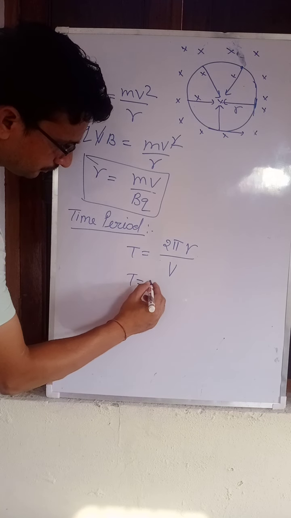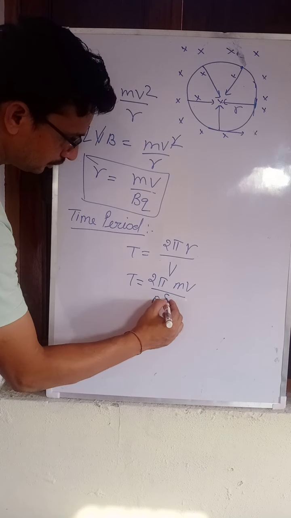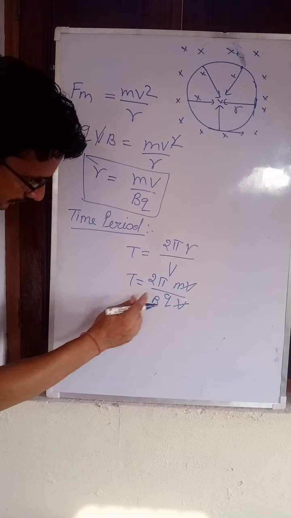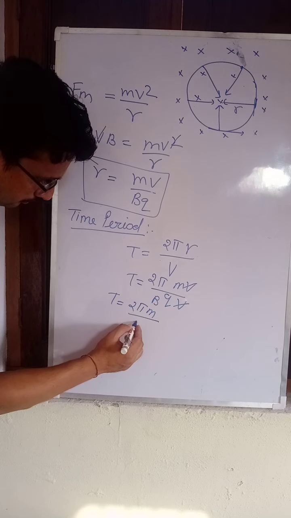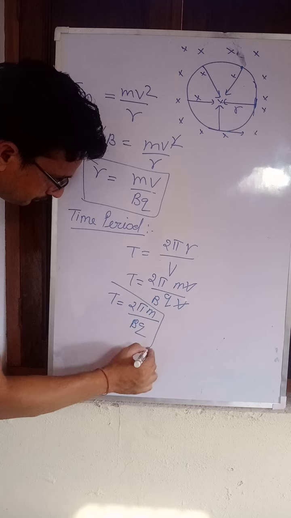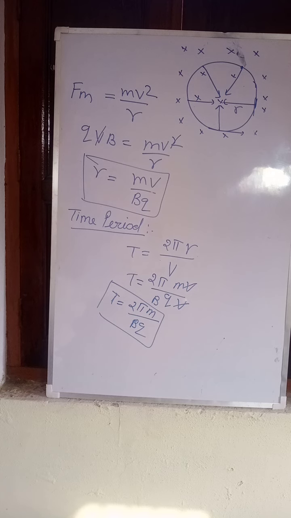So T will be equal to 2 pi mv by Bqv. v will be cancelled. So T will be equal to 2 pi m by Bq. Here is the formula for the time period. From this formula we can see the time period does not depend on the velocity of the particle. Whether velocity is more or less does not matter.